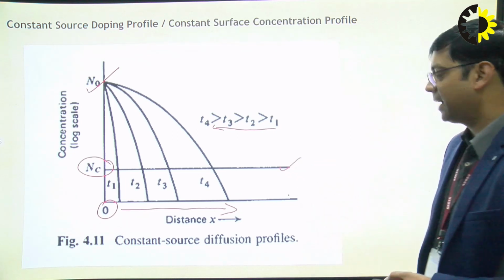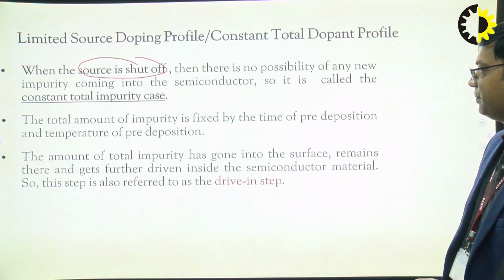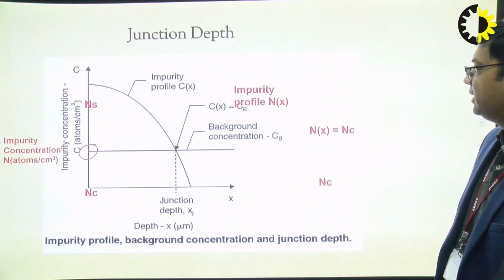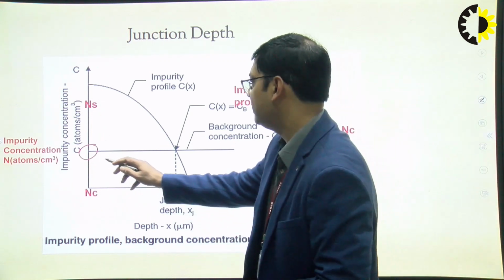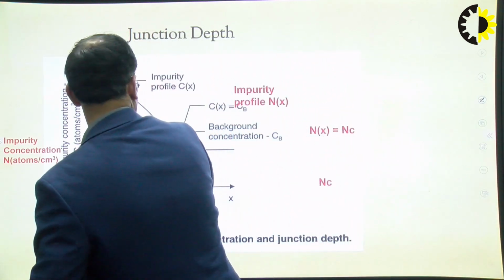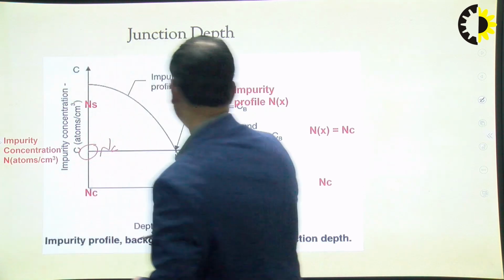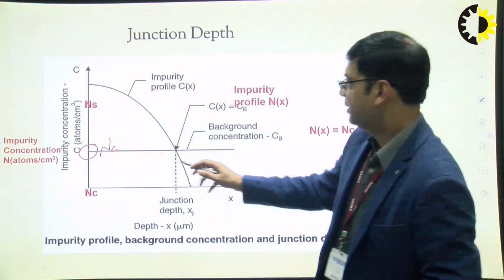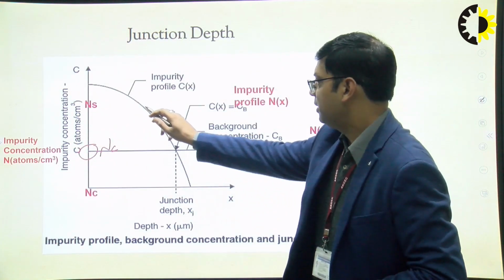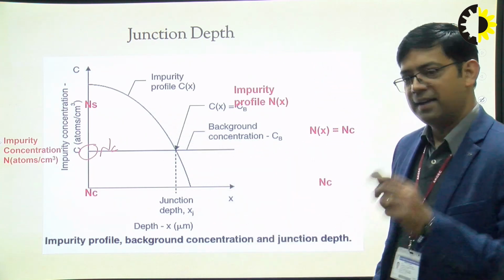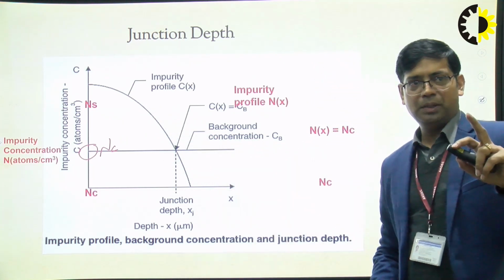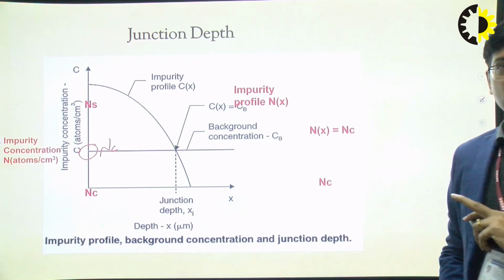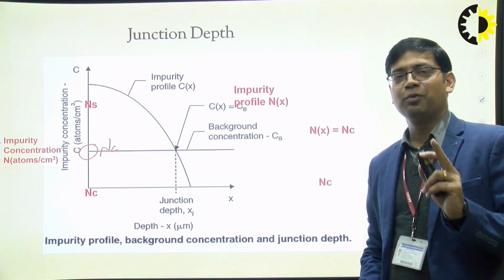This is known as the background concentration. And when our impurity concentration at any point matches this background concentration, that point is known as junction depth.